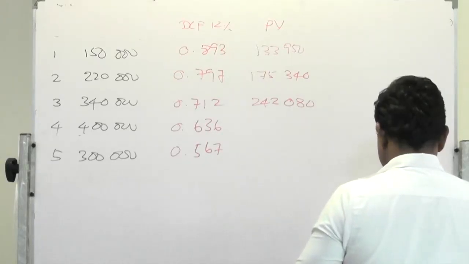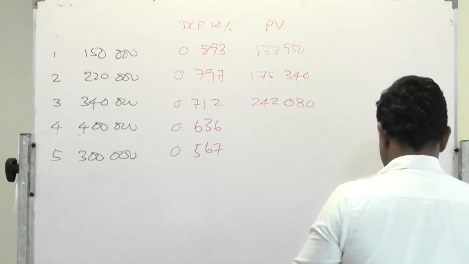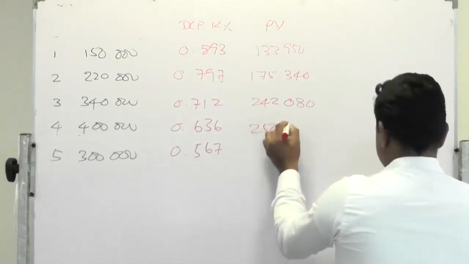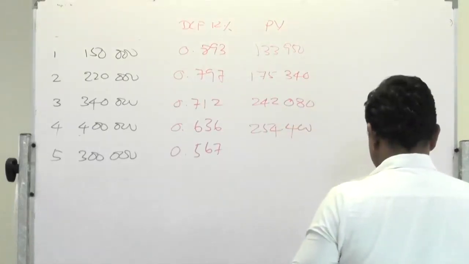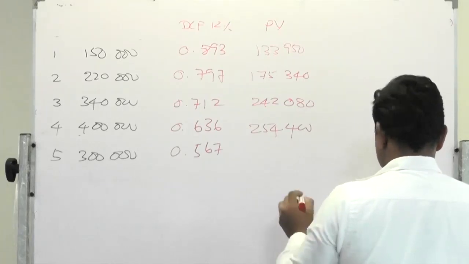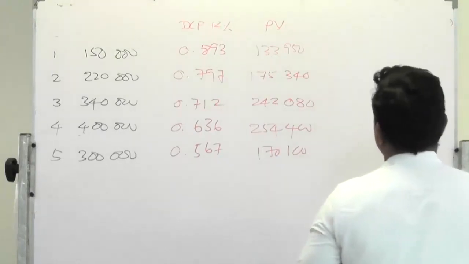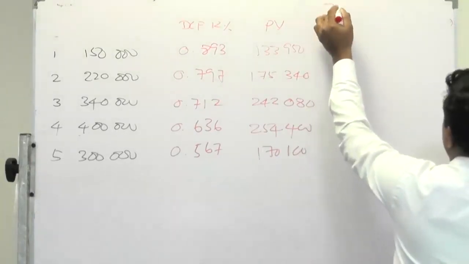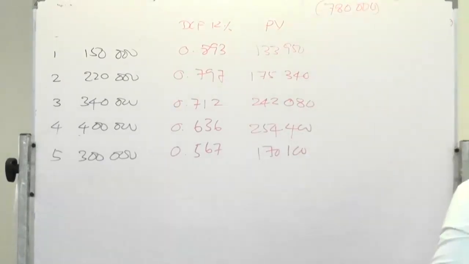Then 400,000 times 0.636, 254,400. Then 300,000 times 0.567, 170,100. Now we are required to recover 780,000 which was incurred at year 0.